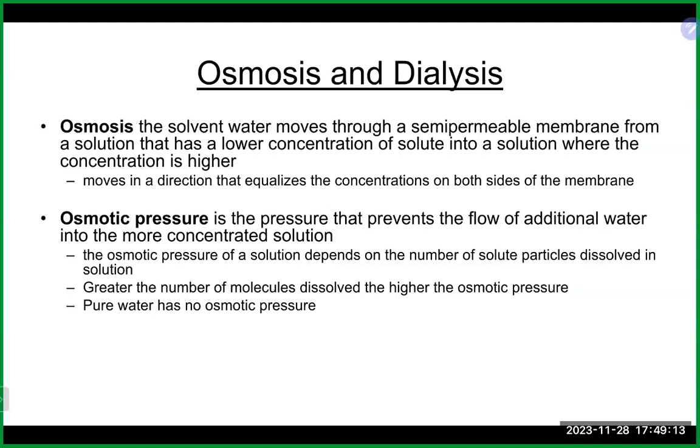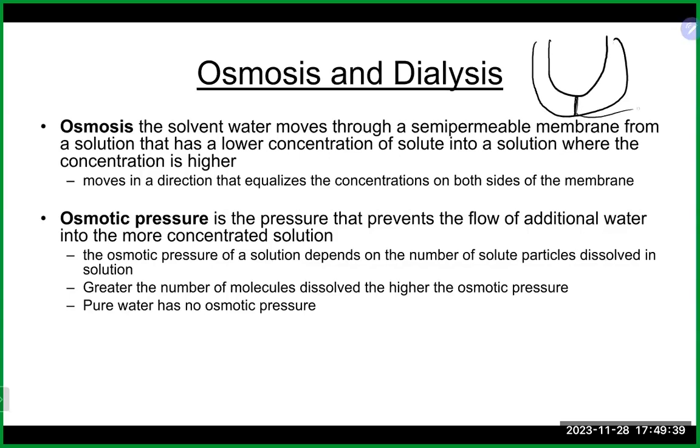So this brings us to the idea of osmosis. Osmosis is the idea that water or solvent molecules will move from a lower concentration to a higher concentration, in an effort to dilute the more concentrated solution. I might have drawn this when we were talking about osmotic pressure.